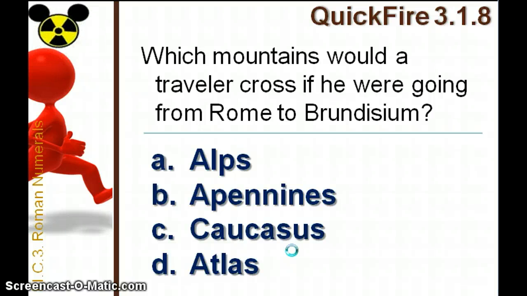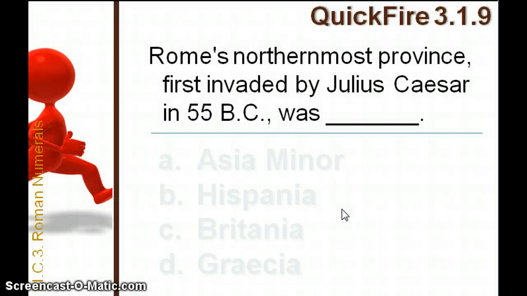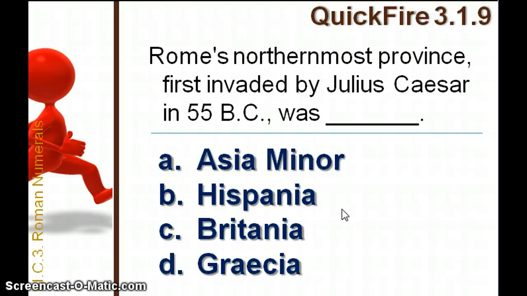What mountain chain, in other words, is on the Italian peninsula? And that would be the Apennines. This is almost self-explanatory, being Britain, the northernmost province.